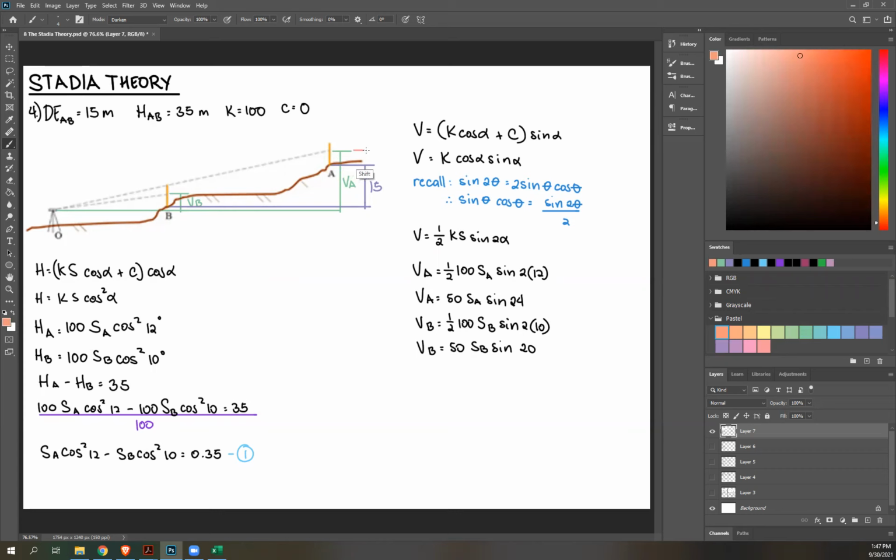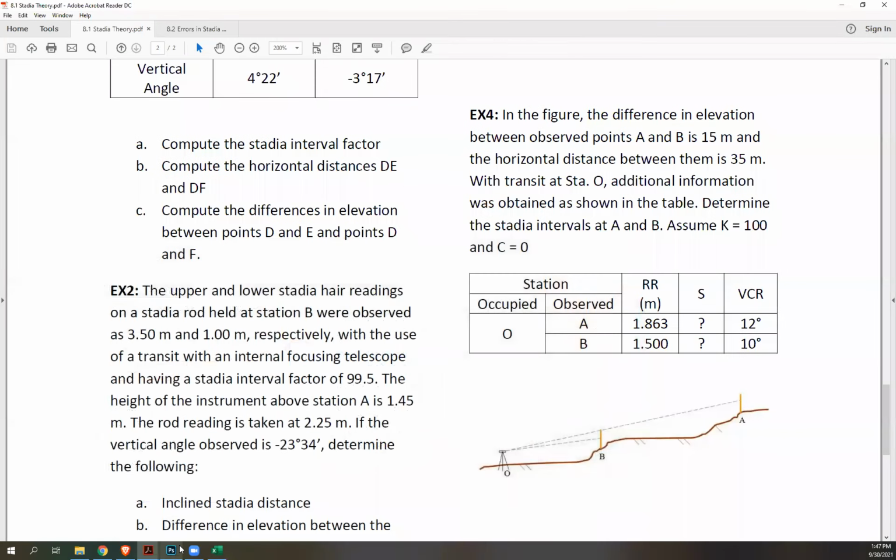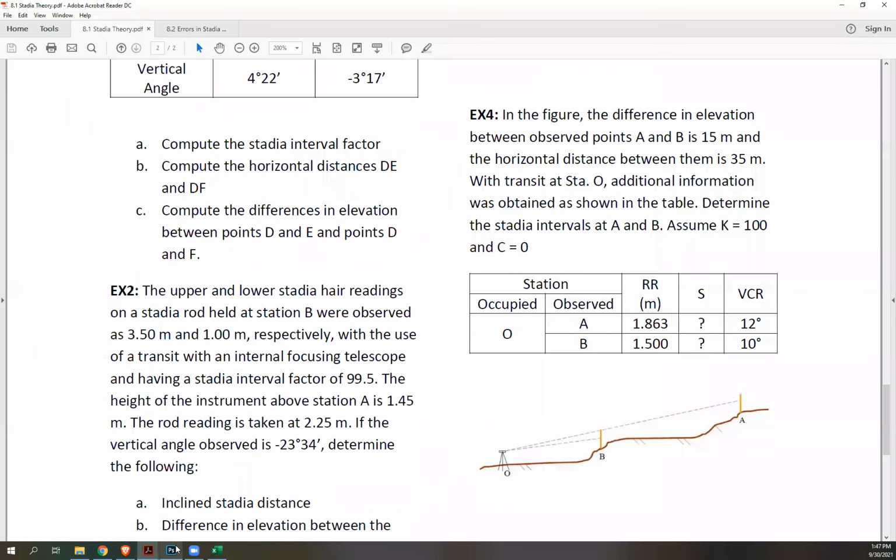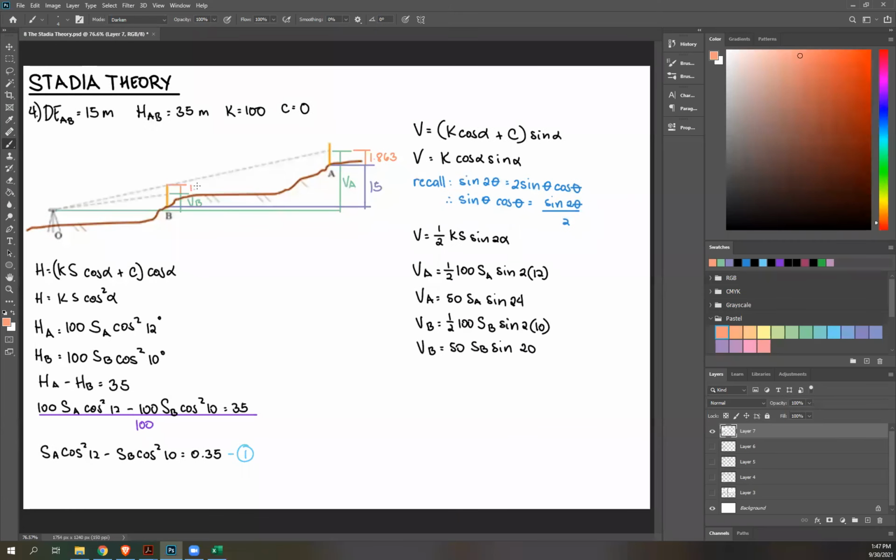This reading at A, let's check it out. That's 1.863. And that's this length, 1.863. And then the reading here, and that is 1.5.